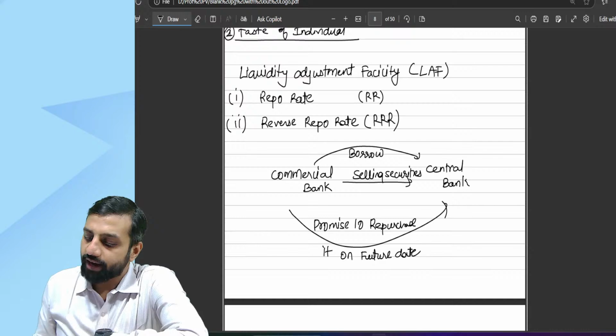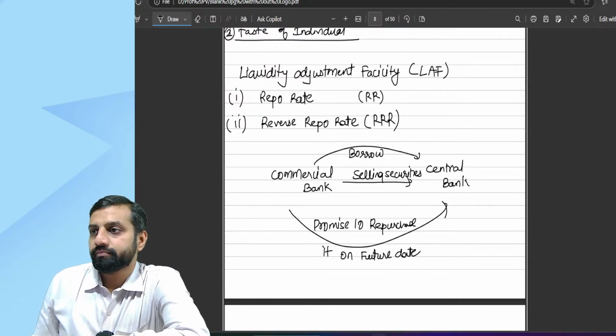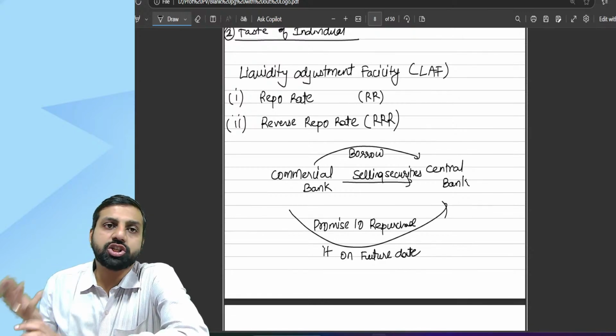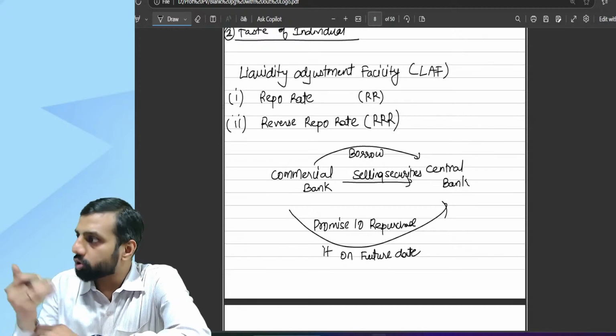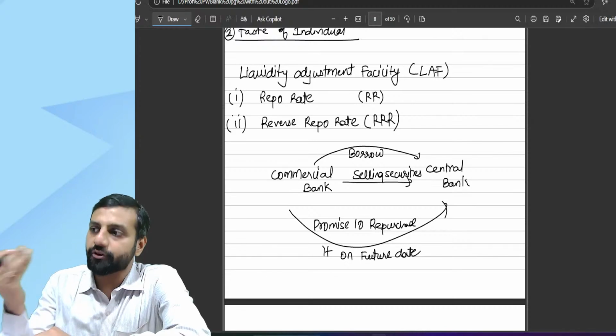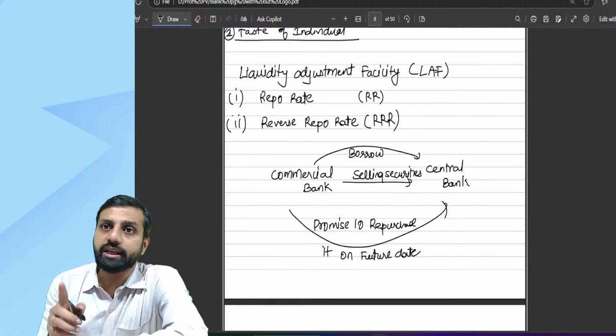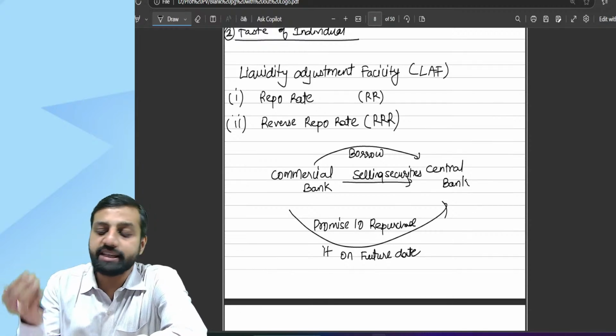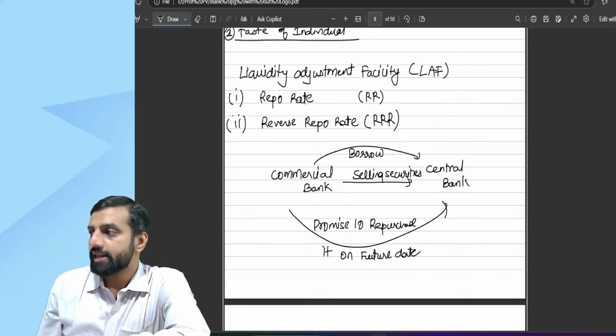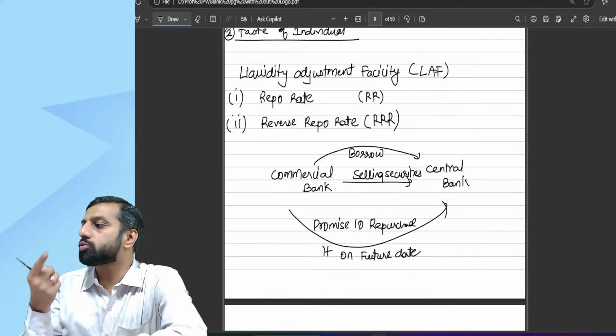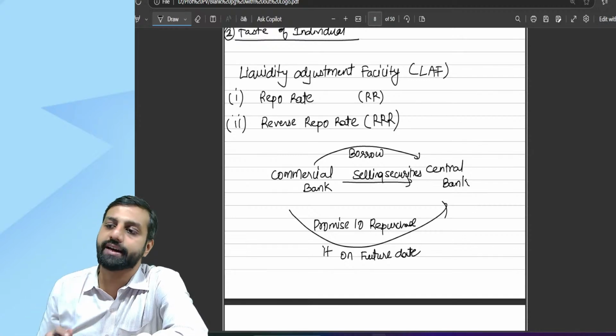Yes, Surya, are you clear with that? So whenever a commercial bank is in need of money, it will go to the central bank and ask for money. Central bank will give the money by taking securities from the commercial bank, and the commercial bank promises to repurchase it on a future date.